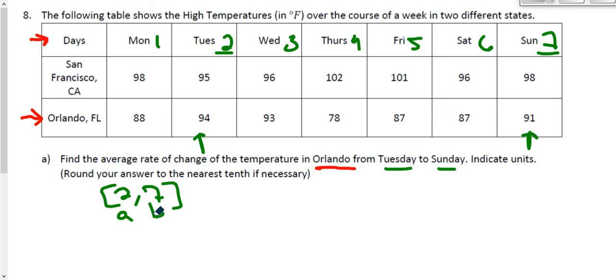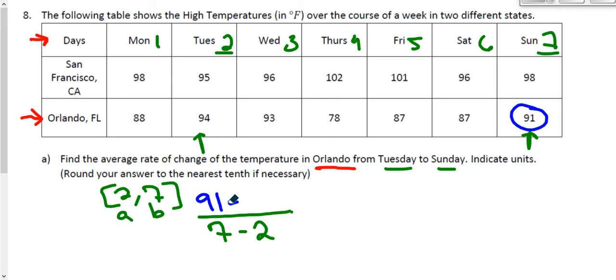And that's going to let me use the rate of change formula, which again is f of b minus f of a over b minus a. So my denominator is just going to be b minus a, 7 minus 2. My numerator is going to be f of 7 minus f of 2. To find f of 7, I look for my Orlando output on the 7th day, which is 91 degrees.